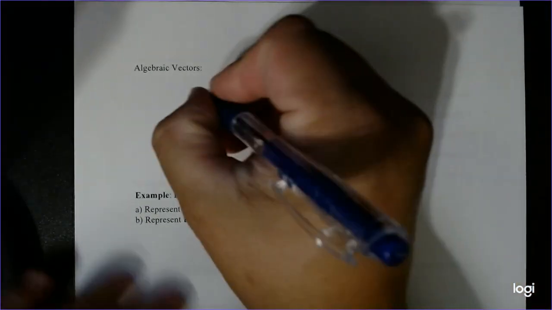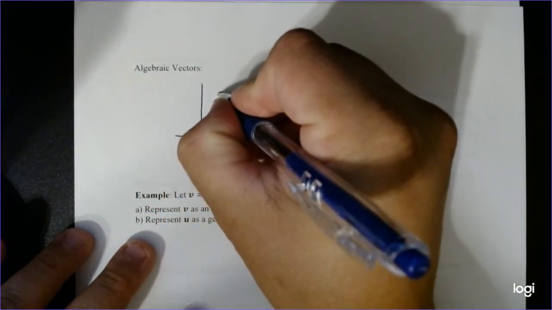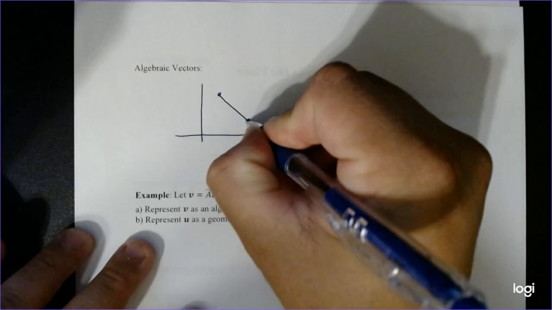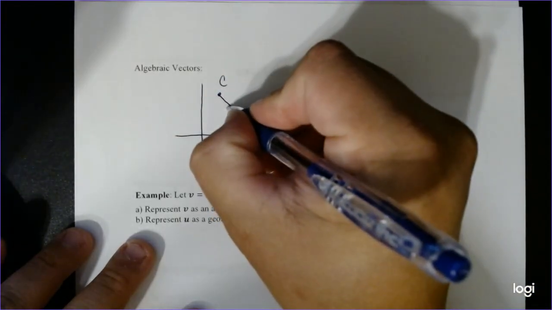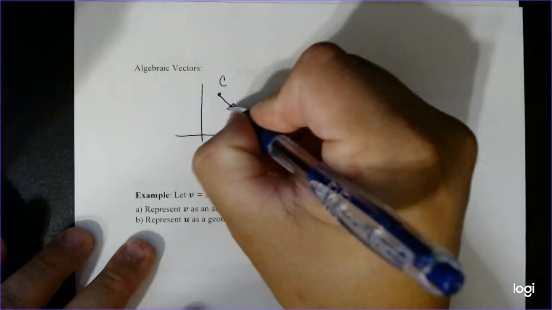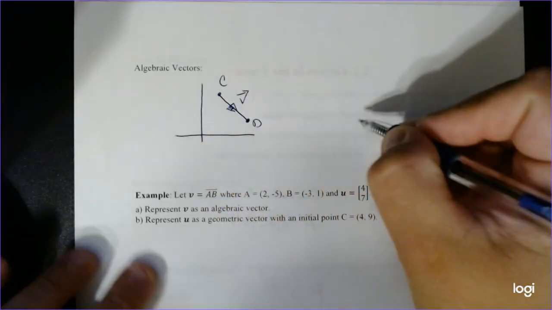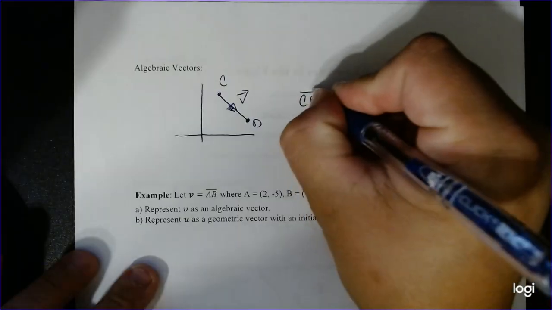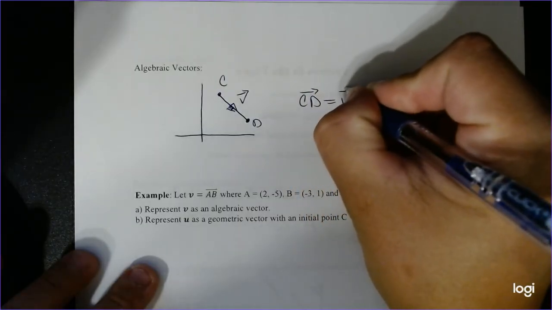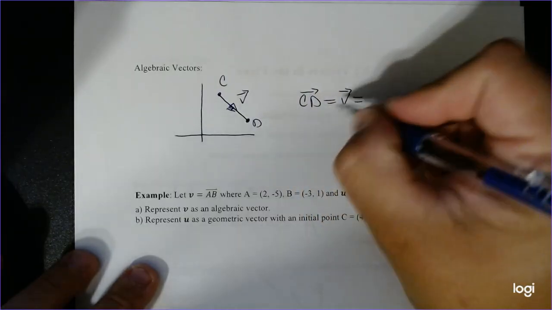This describes the geometric part, so one goes hand in hand with the other. I have a starting and an end point, and it goes in this direction. We'll call this vector V, associated with points C and D. So vector CD, or just V itself, is in matrix format.